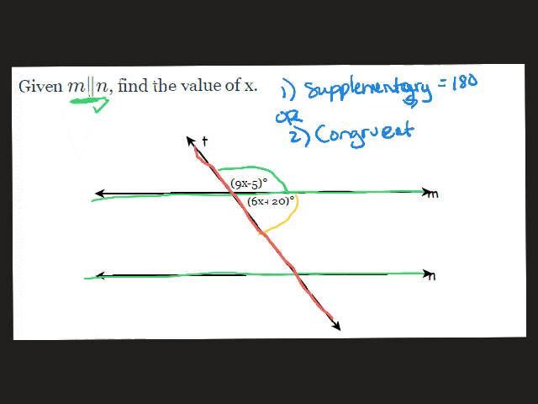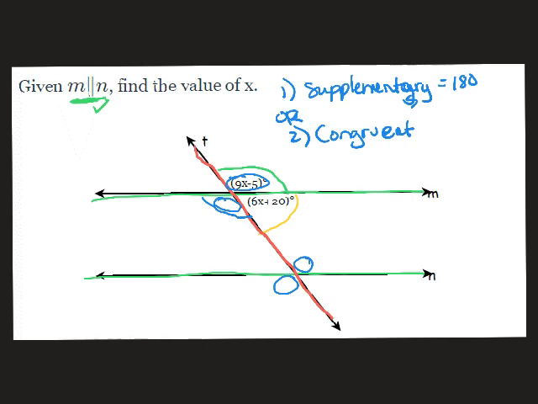Okay? And so if it was across, this would be congruent. This would be 9x minus 5, and this would be 9x minus 5. These are all congruent. They are alternate interior or exterior angles, or corresponding angles, or vertical angles.